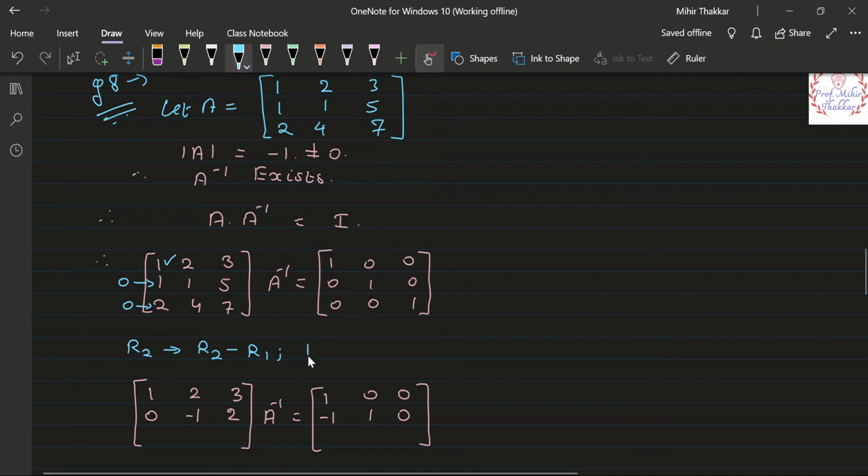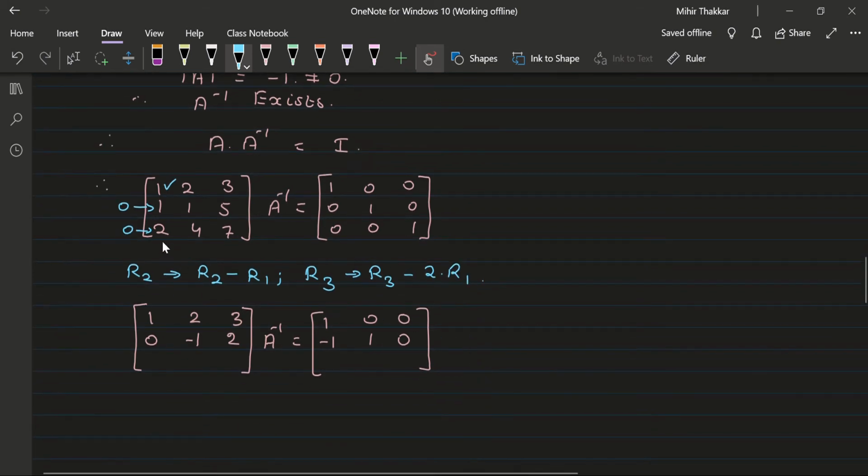For the third row, R3 changes to R3 minus 2 into R1. In such a case, 2 minus 1 into 2, that is going to be 0. 4 minus 2 into 2, so 4 minus 4, 0. 7 minus 3 into 2, that is 6.